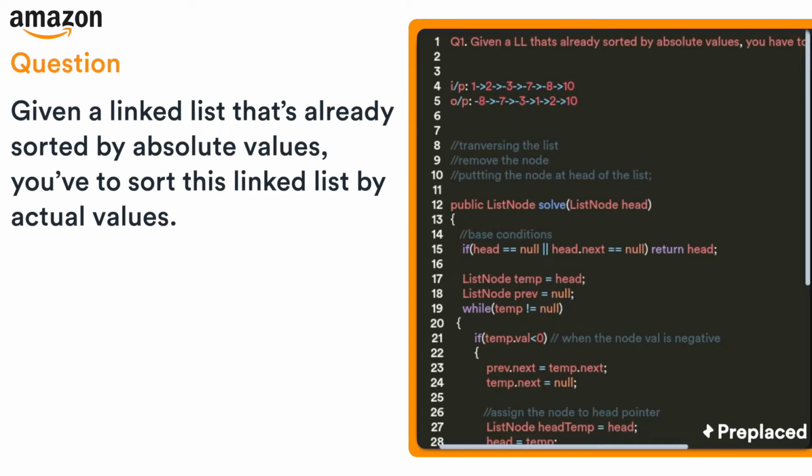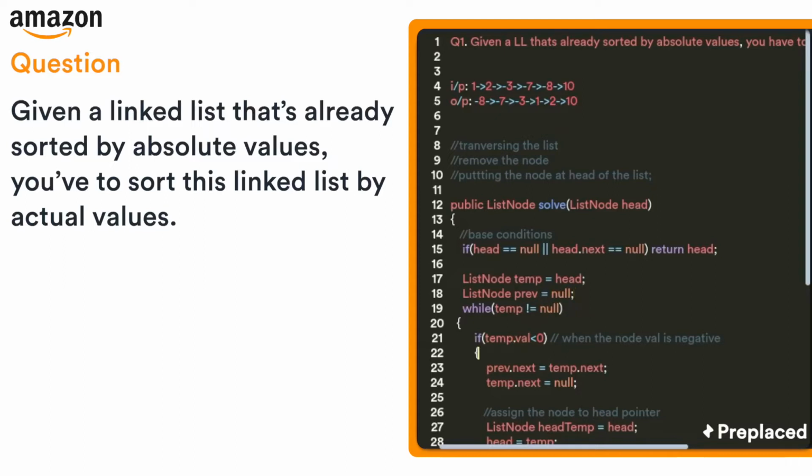So basically, I added some base conditions and took a temporary variable as the head of the list, and also my previous pointer as null. I think there will be some more base cases, so I'm looking for them.